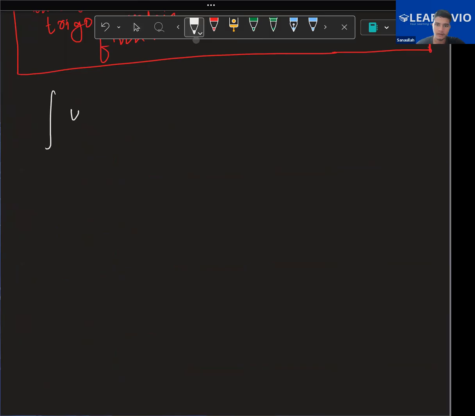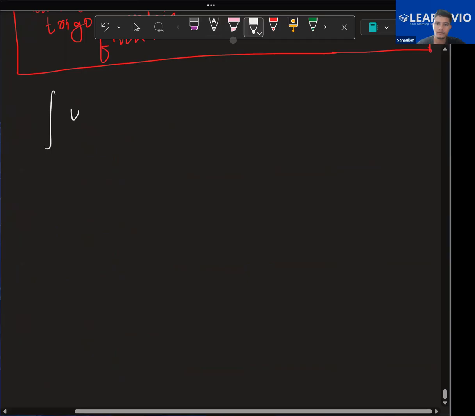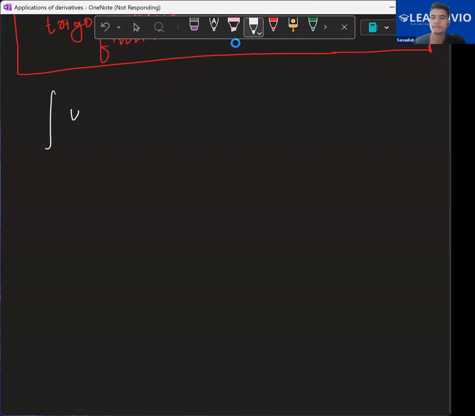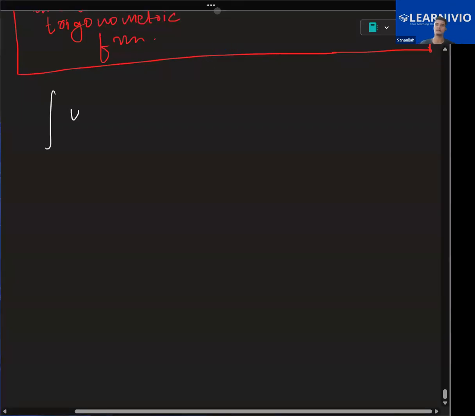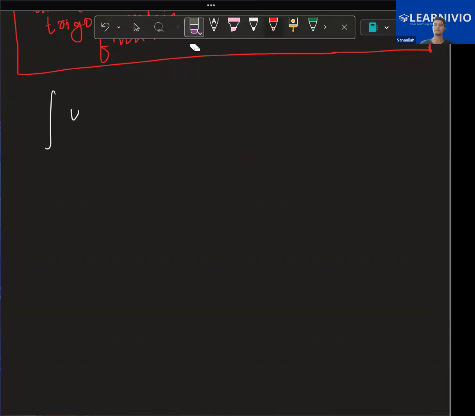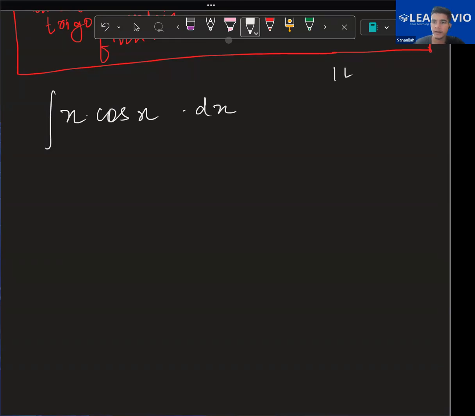Like I have a question, x cos x dx. Now apply eyelet.